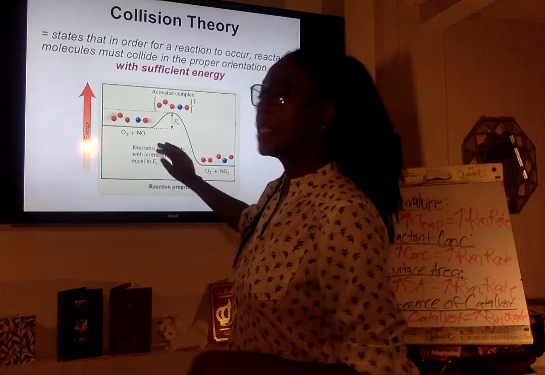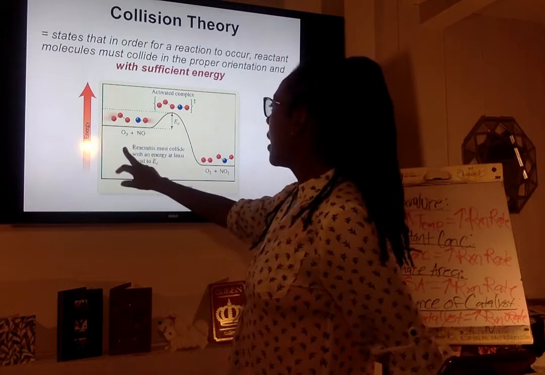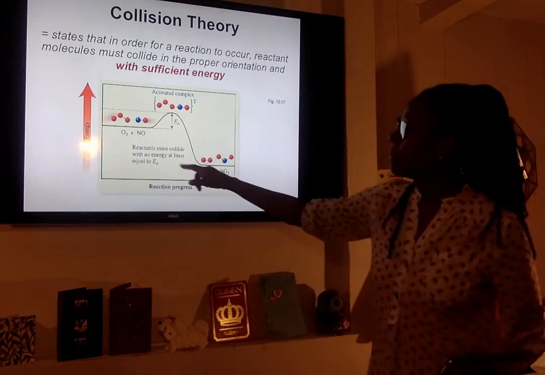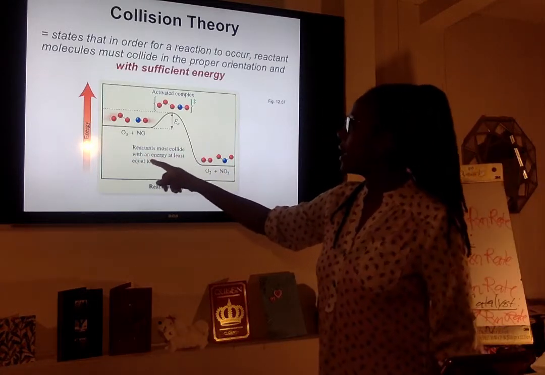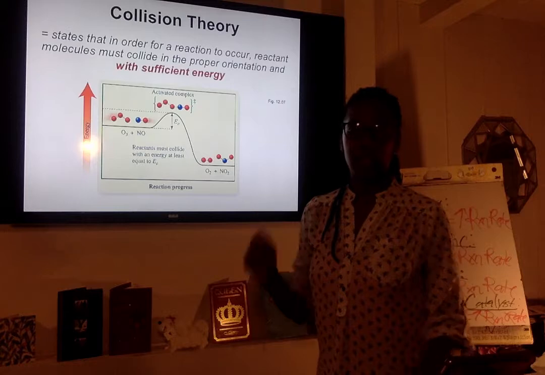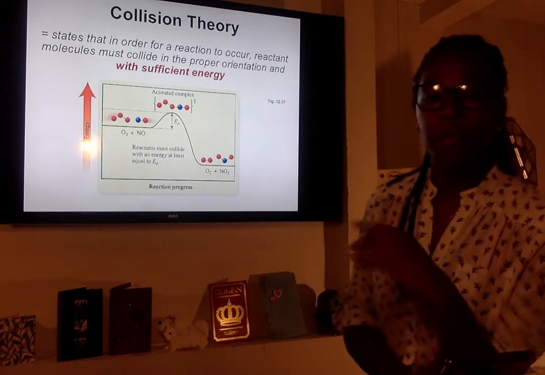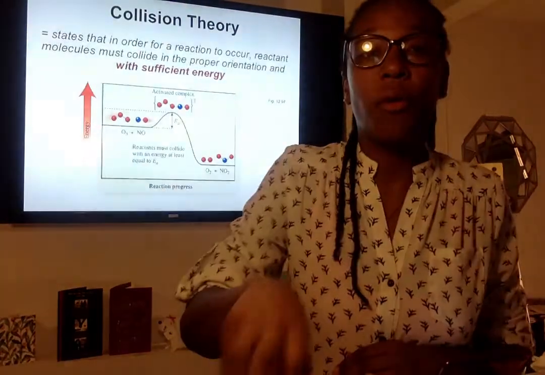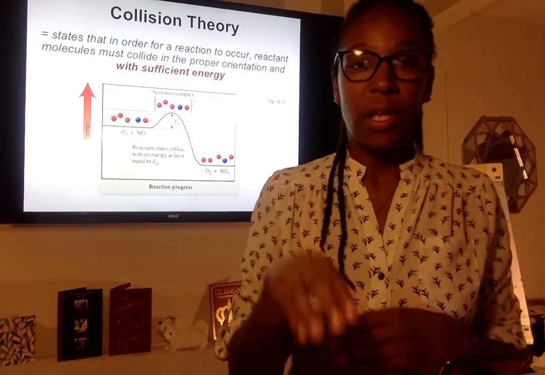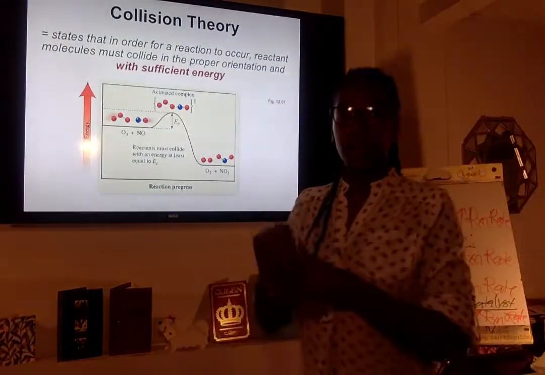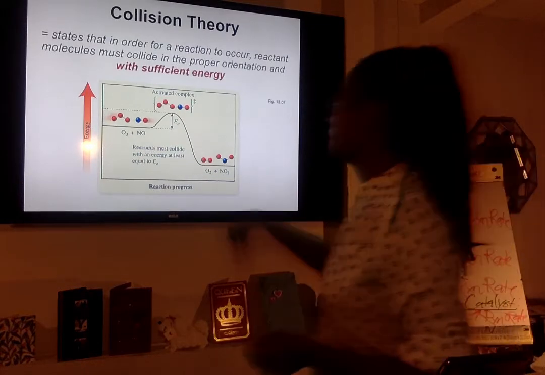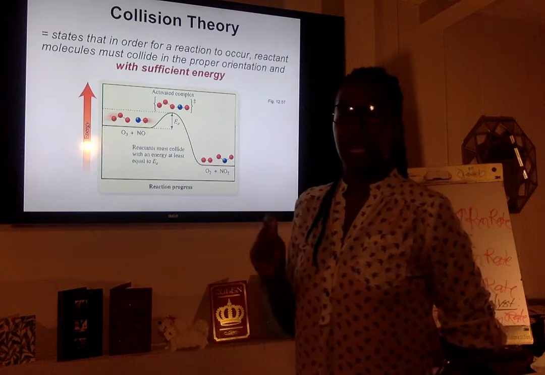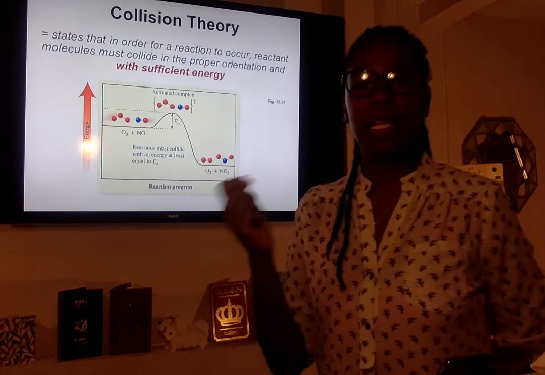In this example, we have O3 plus NO. These reactants must collide with an energy at least equal to EA. Every reaction has a certain amount of energy that it must overcome in order to take place. This energy barrier is called the activation energy. So this EA here is the amount of energy that is needed for the reaction to take place.